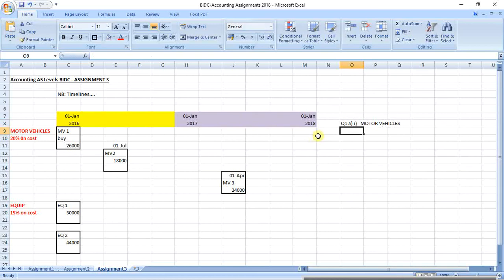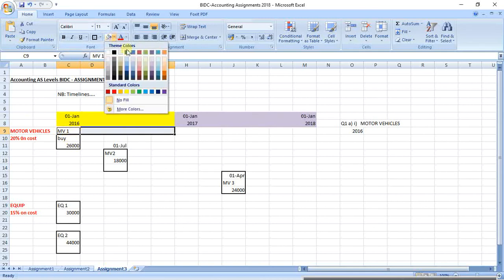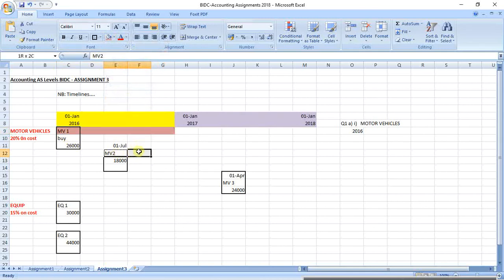Okay, so if I'm looking at motor vehicles, let's first look at the 2016 year. Do you agree? Okay, so 2016, there's 2016. Which assets did I have in 2016? Motor vehicle 1 and motor vehicle 2. That's it. Do you agree? That's it.